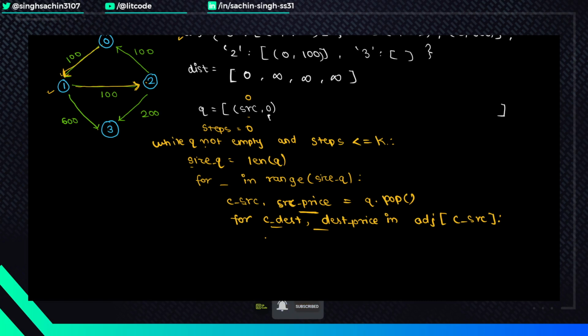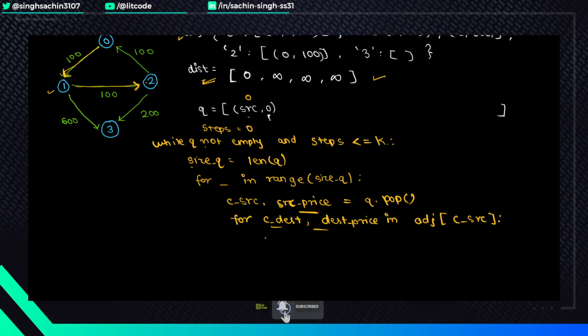If it is less than or equal to what we have already seen for that, for example, we are trying to get the smallest amount which we have to pay to reach any particular node. If it is smaller than what we have in this distance array, then we will update the value.